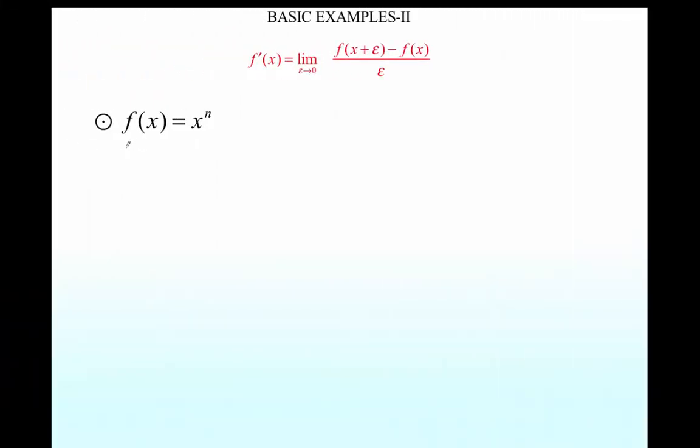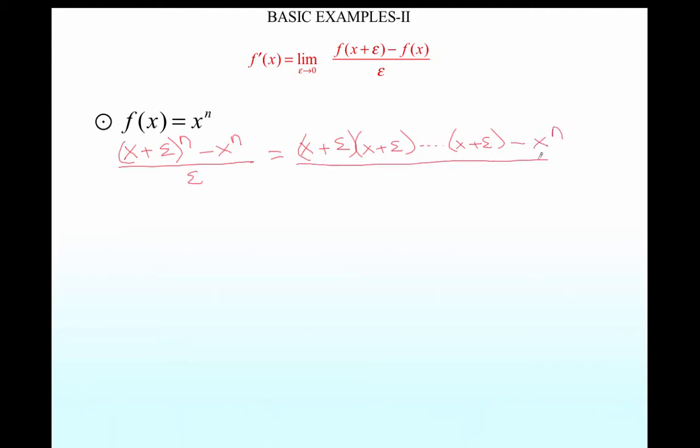Let's now work out a slightly more complicated example. Here we shall need the limit x plus epsilon to the power n minus x to the n divided by epsilon. And this, of course, is x plus epsilon into x plus epsilon and so forth all the way till x plus epsilon the nth time, minus x to the n, divided by epsilon.